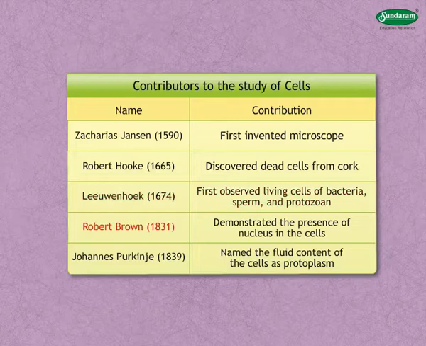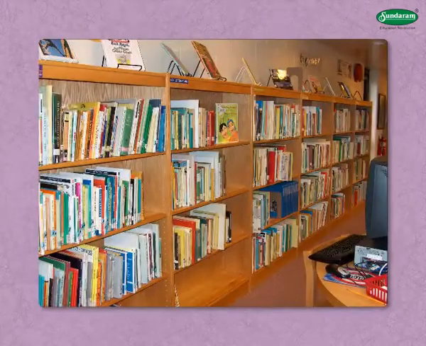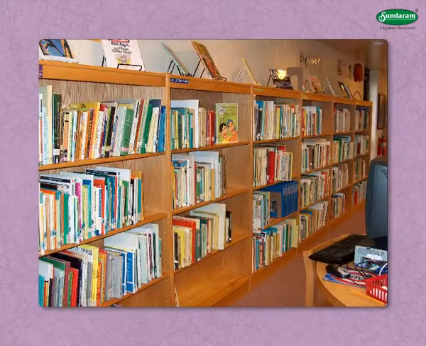Robert Brown in the year 1831 demonstrated the presence of nucleus in cells. Johannes Purkinje in the year 1839 named the fluid content of the cells as protoplasm. Students, you can go to your school library and find out recent contributions made in the study of cells.